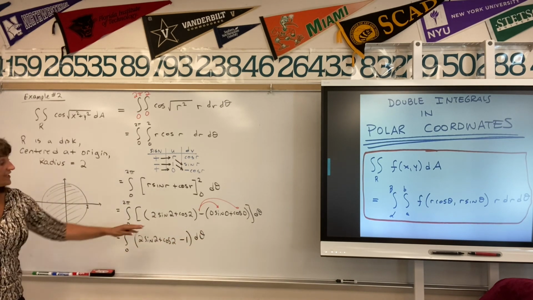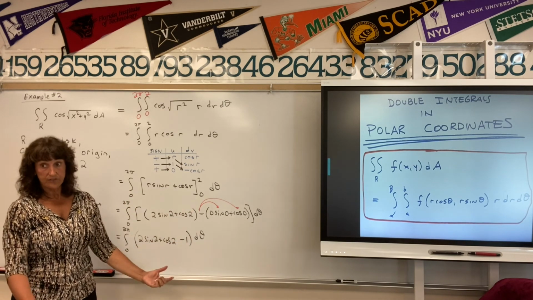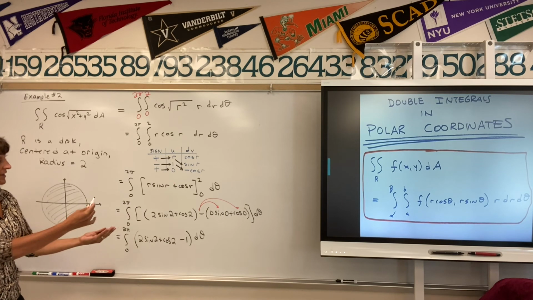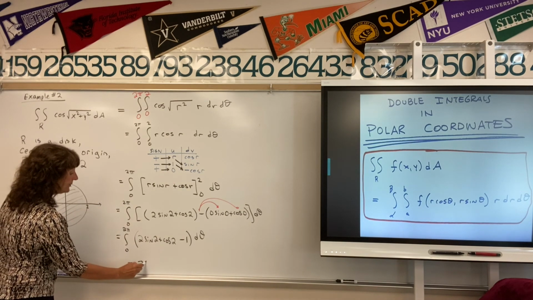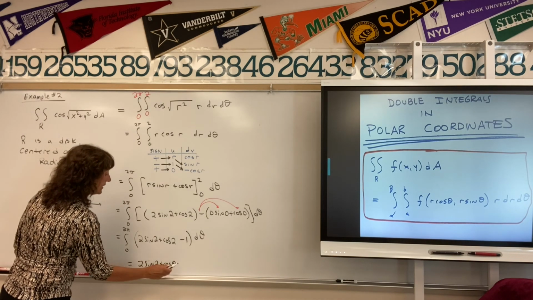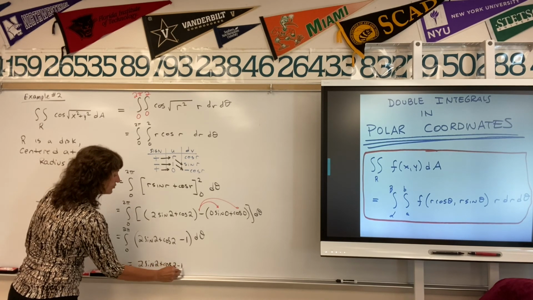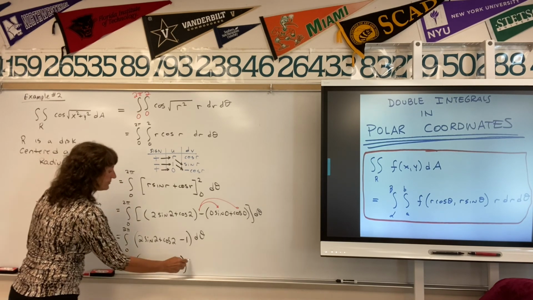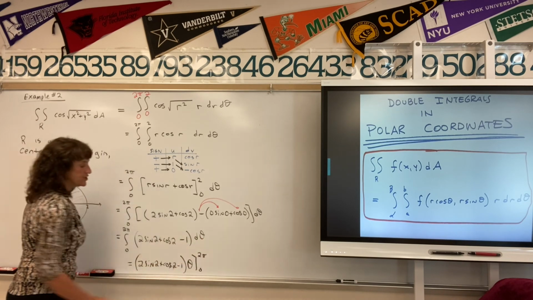All right, integrate with respect to theta. This is just a big constant, so you're just going to take theta, multiply it by the constant. So bring the constant down, so you have 2 sine of 2 plus the cosine of 2 minus 1. That's going to all be multiplied by theta, and this needs to be evaluated from 0 to 2 pi.